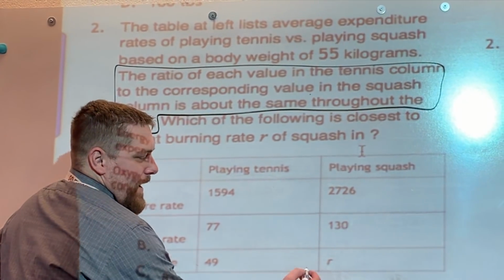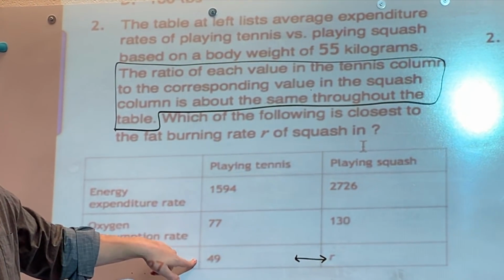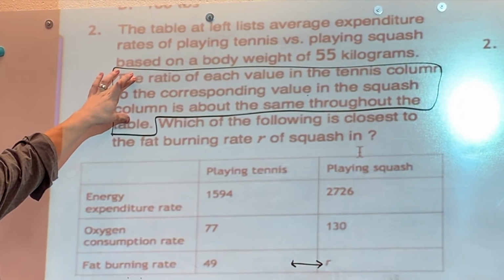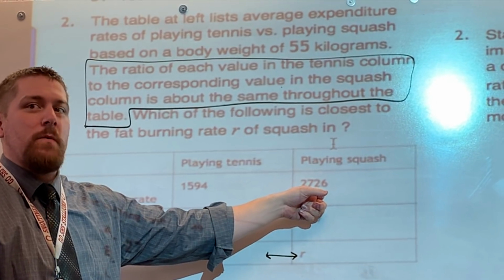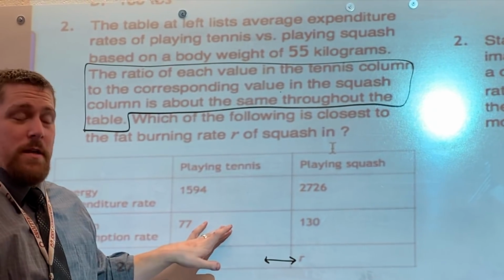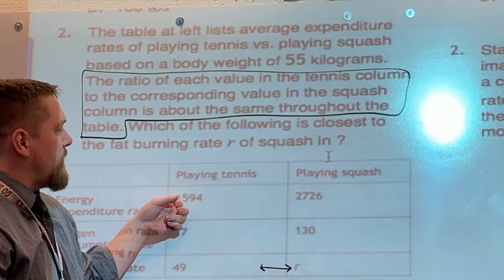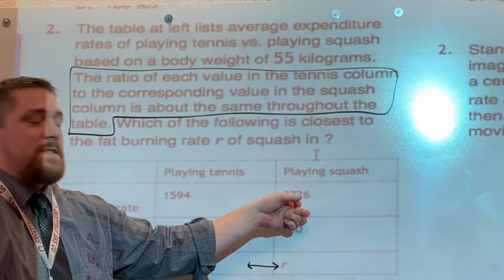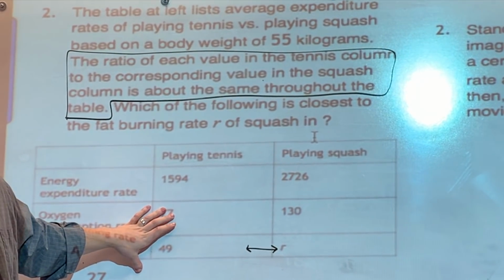So, I have to compare these two together, which have the same ratio, according to my highlighted sentence here, as any one of these two. It doesn't matter which 2 you pick, as long as you do 77 and 130, or 1,594 and 2,726. I'm going to do the smaller numbers because those would be easier to multiply.